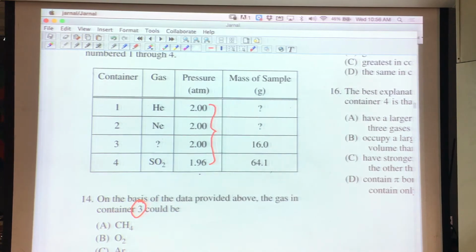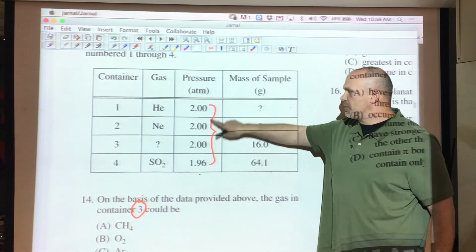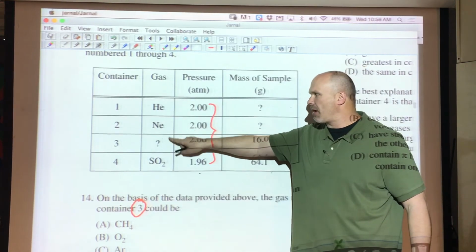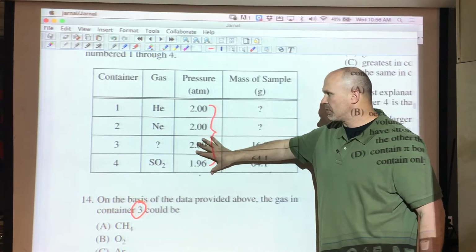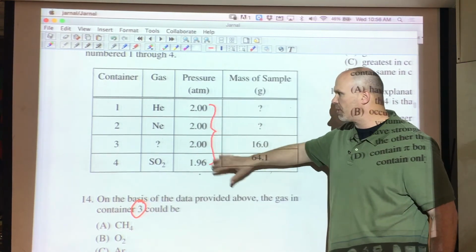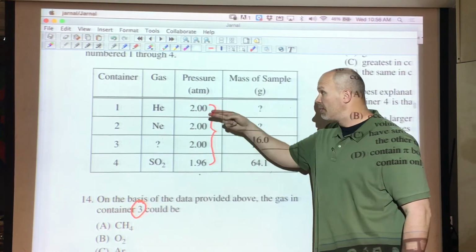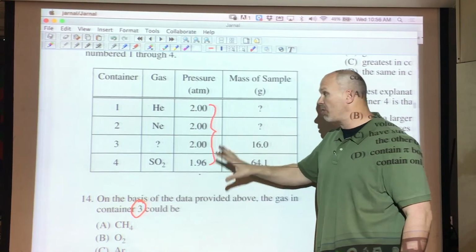Well, I know, party people, that if I'm in a container, all these gases are what? Proportionate to how many of them there are. So they're all under the same pressure, pretty much the same partial pressure. If they asked you for the total pressure in the container, we should know by Dalton's law, the individual partial pressures equal the what? Total. Good, we've been down that road.